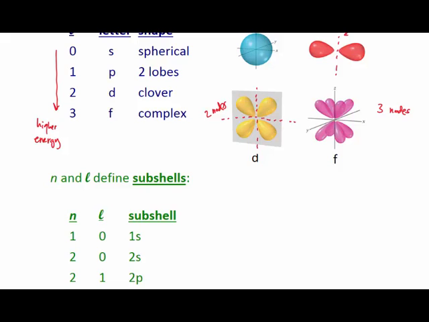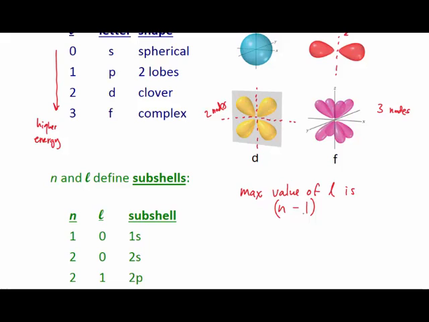So when n equals 1, l equals 0, and that's the only option because the maximum value of l is n minus 1.